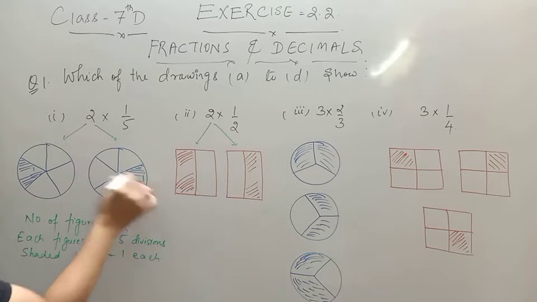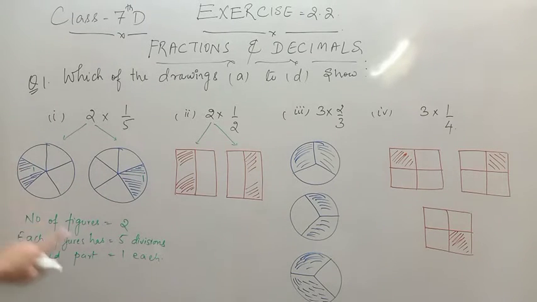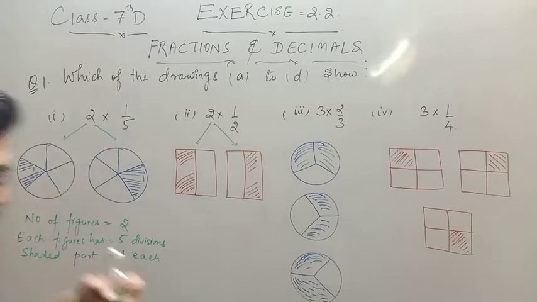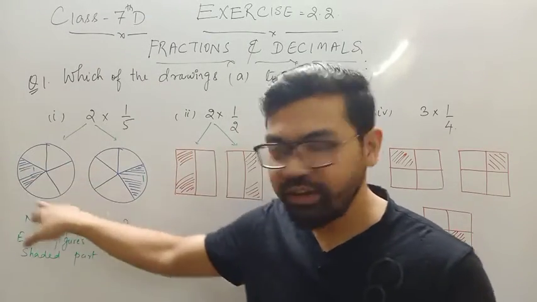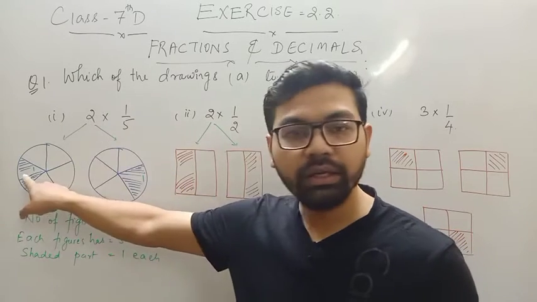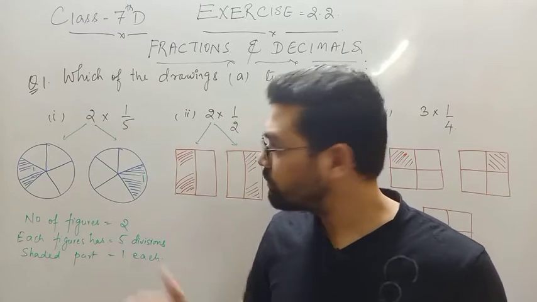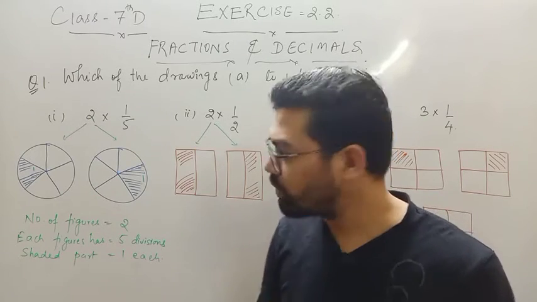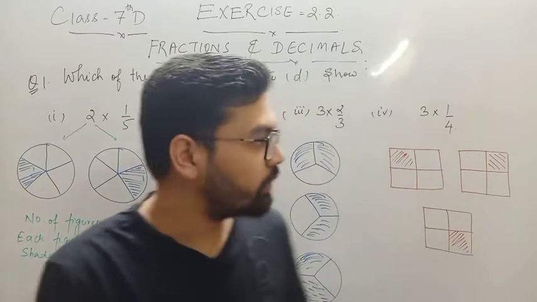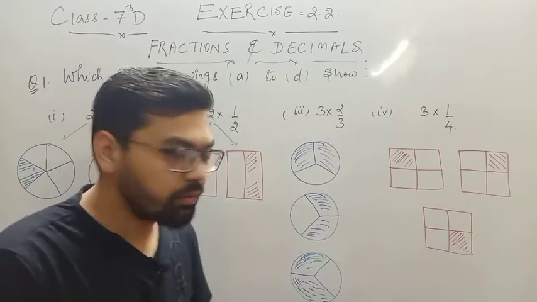So 1 divided by 5. This 1 by 5 shows that out of 5 divisions, out of 5 parts, only 1 part is shaded. So 2 into 1 by 5. I think this is clear to you. If not, no need to worry, we have some other examples also.